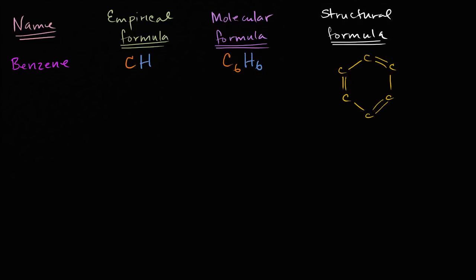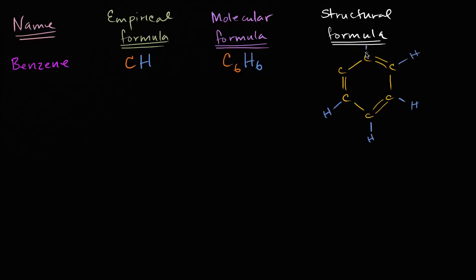And then each of these carbons is also bonded to a hydrogen. And each of these lines that I'm drawing is a bond. It's a covalent bond. We'll go into much more depth in other videos on that, but it's a sharing of electrons. And that's what keeps these carbons near each other, and the hydrogens tied to the carbons and the carbons tied to the hydrogens.